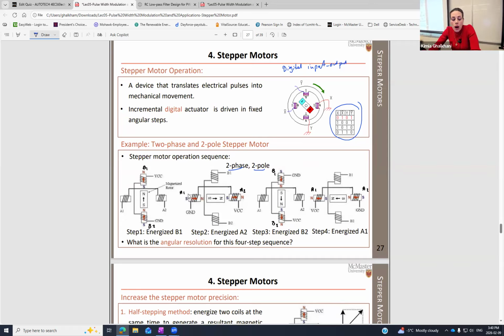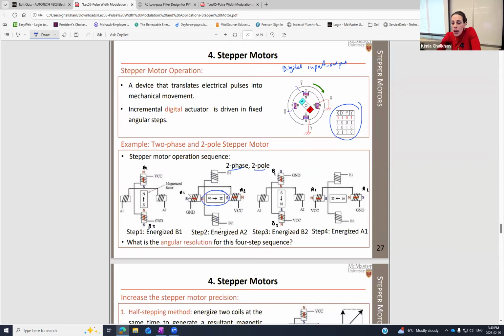We have two types of permanent magnet, bipolar or unipolar. When I say PM, it means permanent magnet. When I say, for example, two-pole stepper motor, it simply means I'm having two-phase and two-pole.